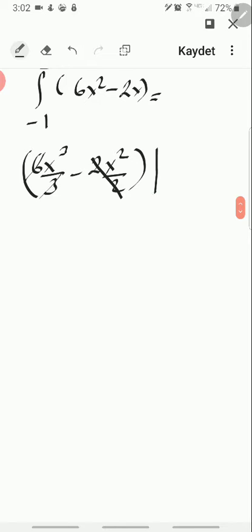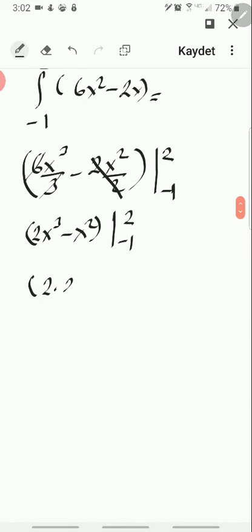So this is the integral from minus 1 to 2. After cancellation, it is 2x cubed minus x squared from minus 1 to 2. In order, we substitute 2 and minus 1 for x. Substituting 2, we get 2 times 2 cubed minus 2 squared. We subtract the result of substituting minus 1: 2 times minus 1 cubed minus minus 1 squared.